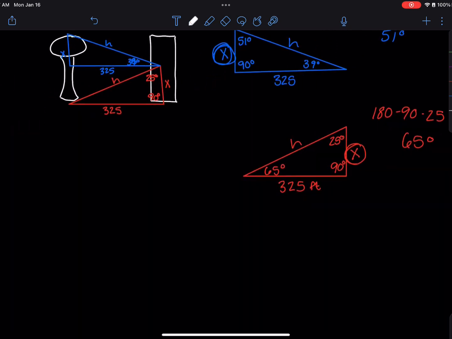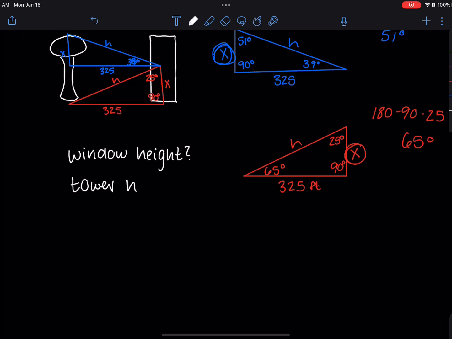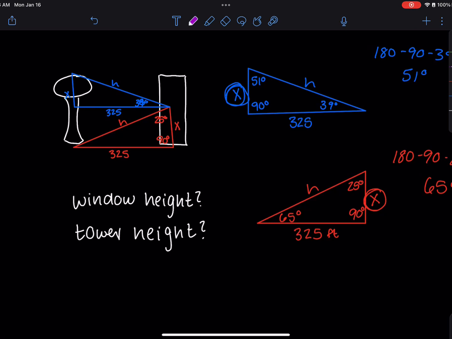And then next, the window height would be that red x measure in the triangle, and for the tower height, we would need to add both the x measures together to get the total height of the water tower, since they would both add up to equal the total height. So I'm just going to write that down there.